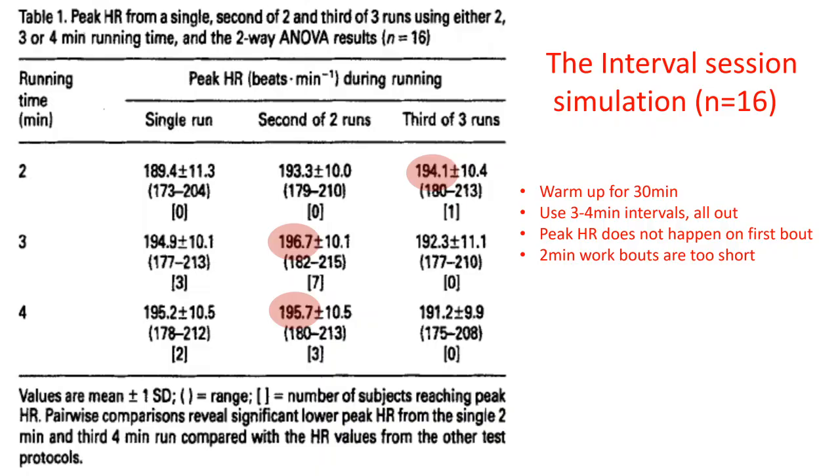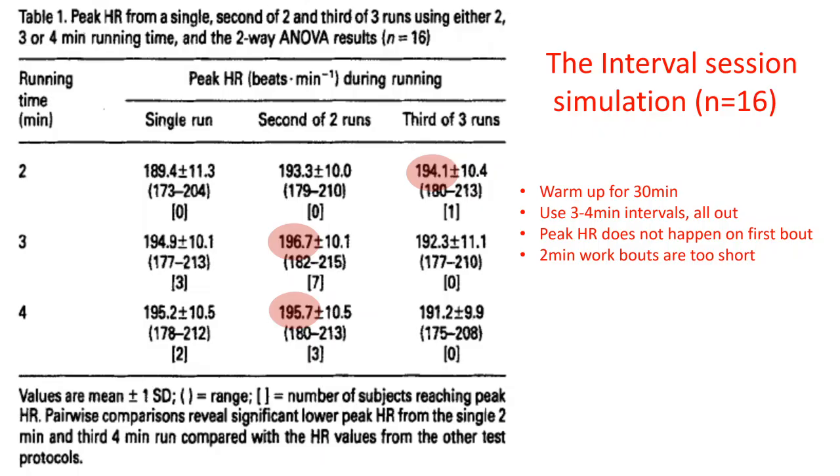And what they saw was that peak heart rate did not happen on the first bout. It tended not to happen at all on the first bout with a 2-minute duration. It tended not to happen even with 3 and 4 minute durations of an all-out run on the first bout.